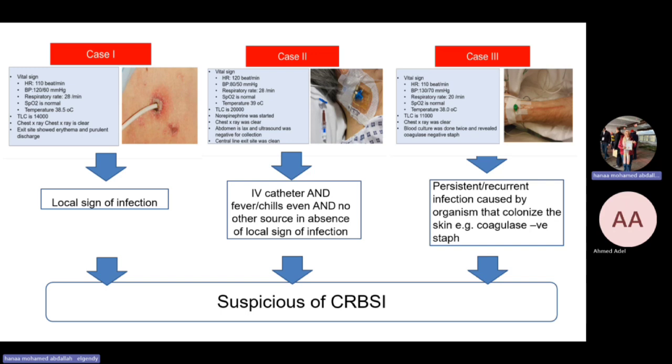Definitely, there is no other cause for infection. And in case 3, there is persistent or recurrent infection caused by organisms that colonize the skin. We sent the culture and found coagulase negative staph and there is a sign of infection from the inserted intravenous catheter. So we have to suspect CRBSI, which is catheter-related bloodstream infection.